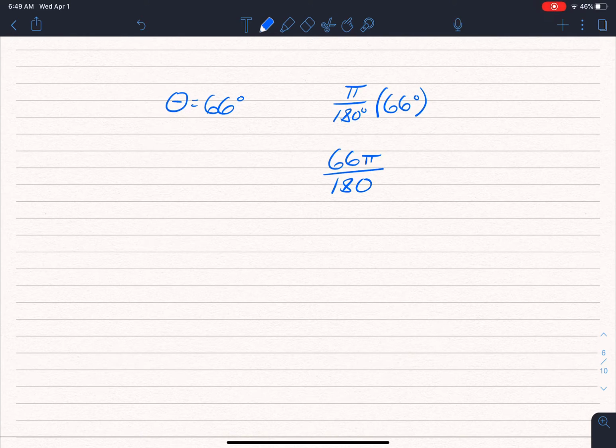That actually does reduce down to 11 pi over 30. My point is that even with a weird angle like 66 degrees, there will be a pi involved in some way, and that's something we can count on. When we're looking at something in terms of radians, we will see pi. If we're looking at something in terms of degrees, we will see the degree symbol.